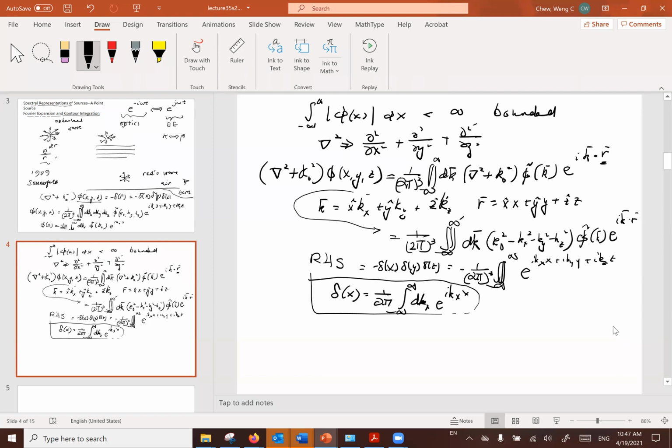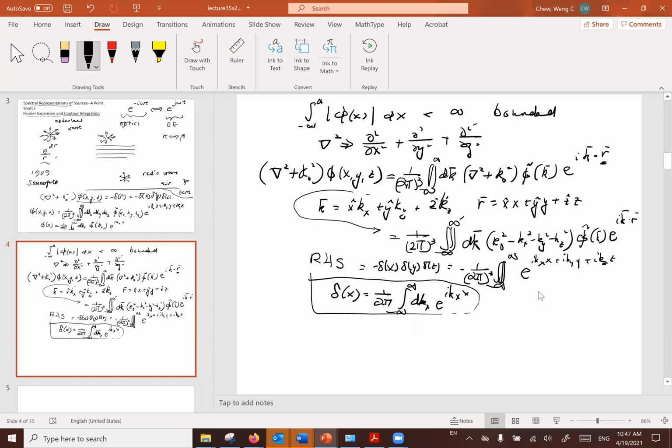Let me write this properly. So I have expanded the left-hand side in terms of a Fourier transform integral, and also the right-hand side in terms of a Fourier transform integral. Two Fourier transform integrals are equal to each other if they are equal to each other for all space.